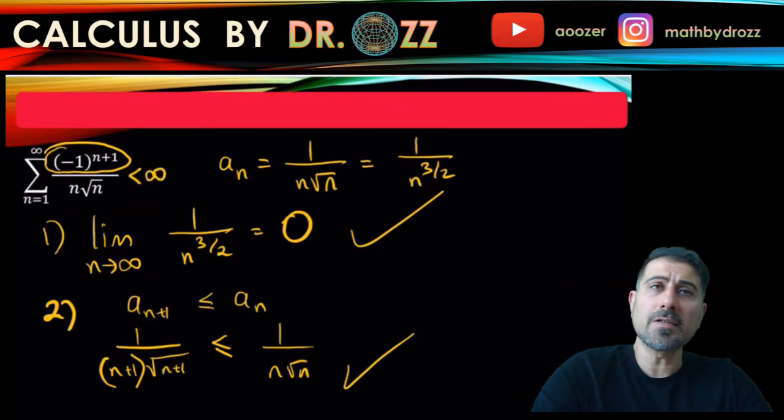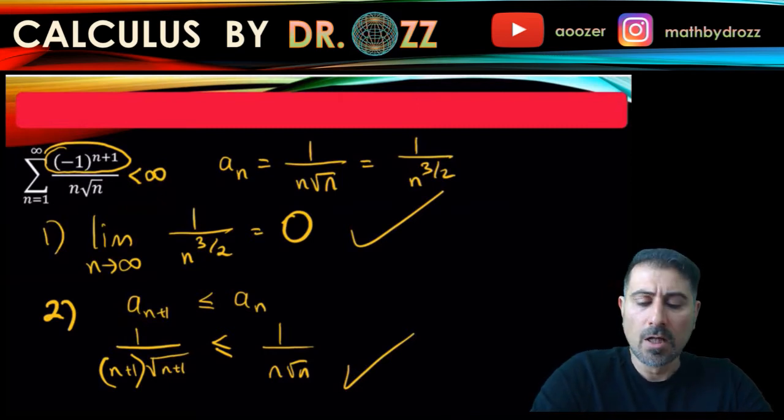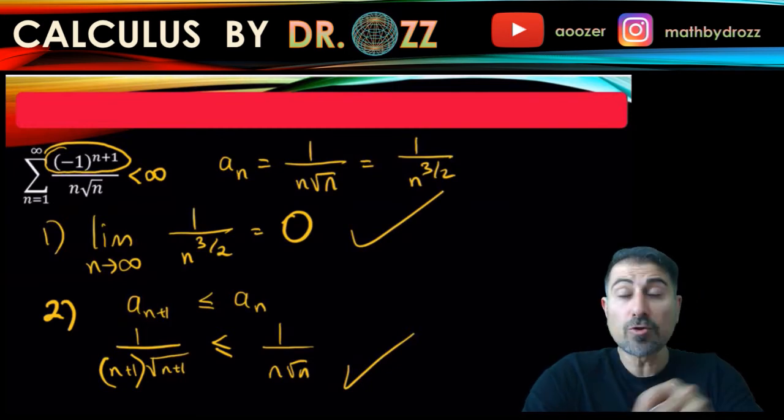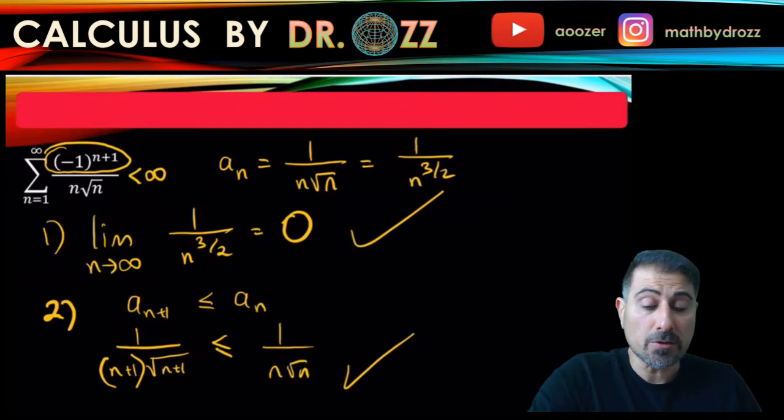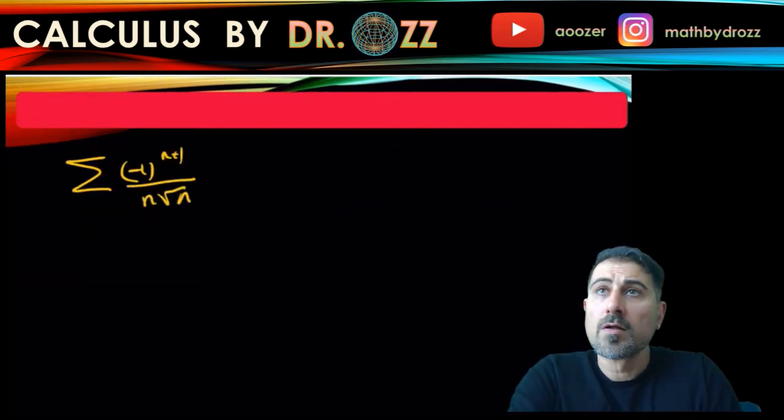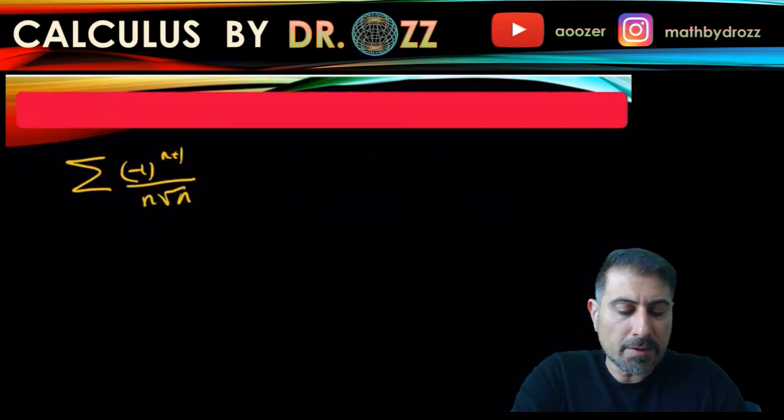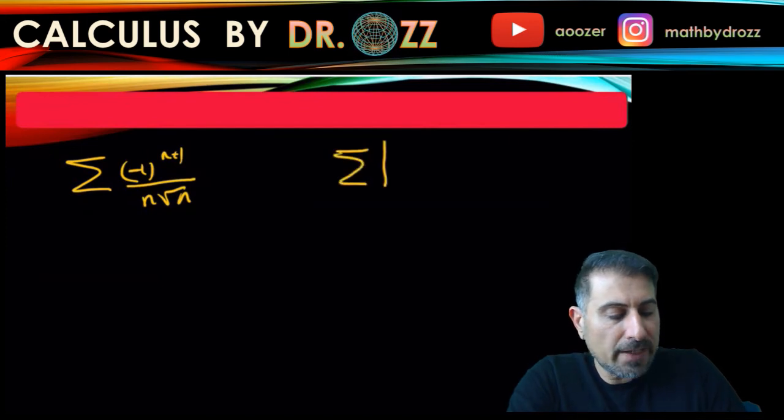So we want to investigate further. Is it absolutely convergent or conditionally convergent? I'm going to look at the absolute value of the whole n-th term here. So I have the original alternating series and the absolute value of the whole thing.